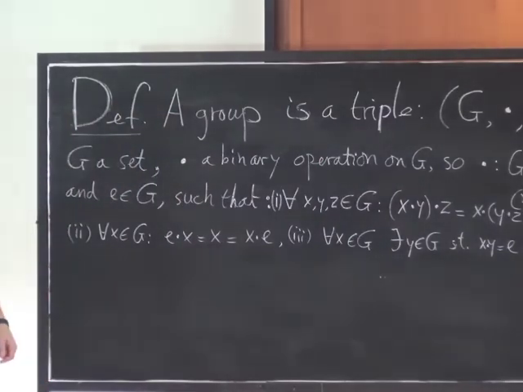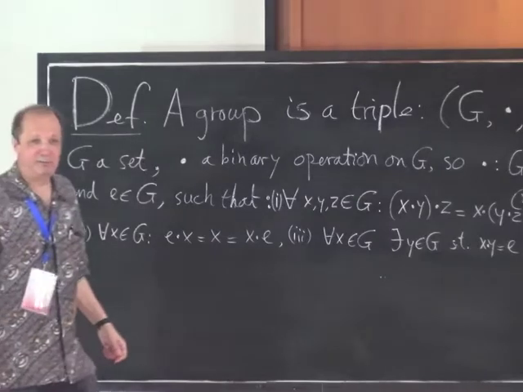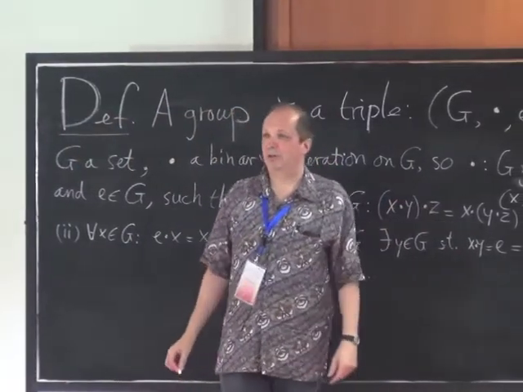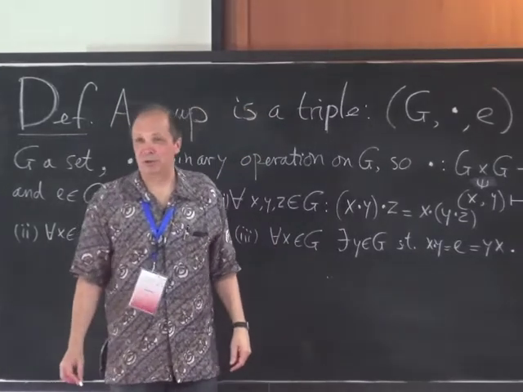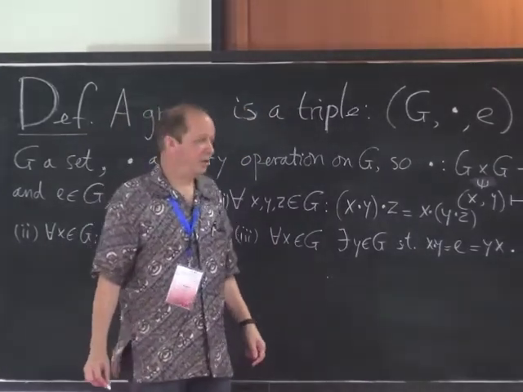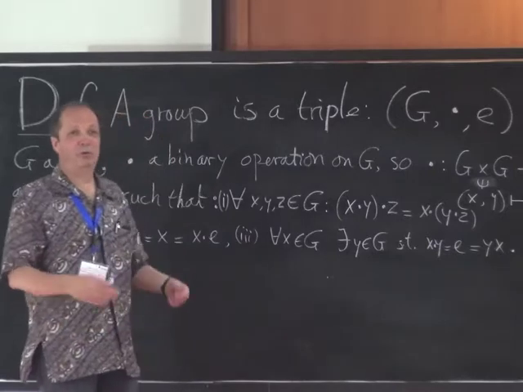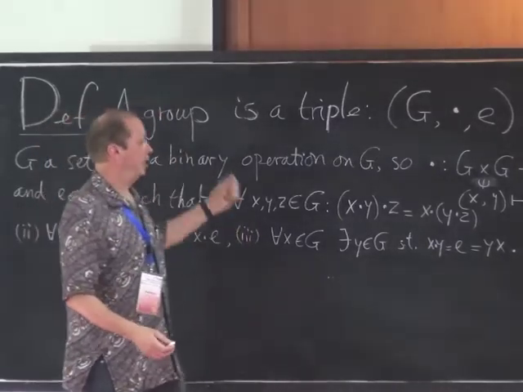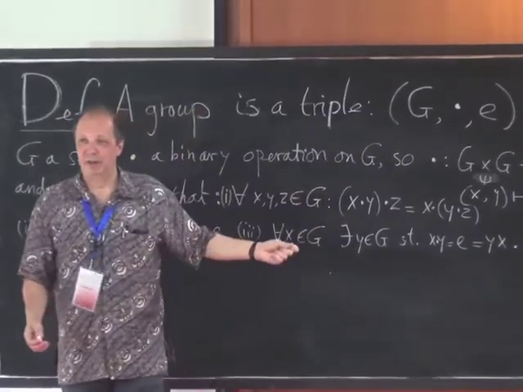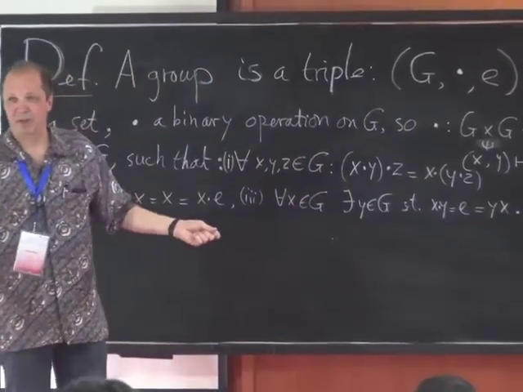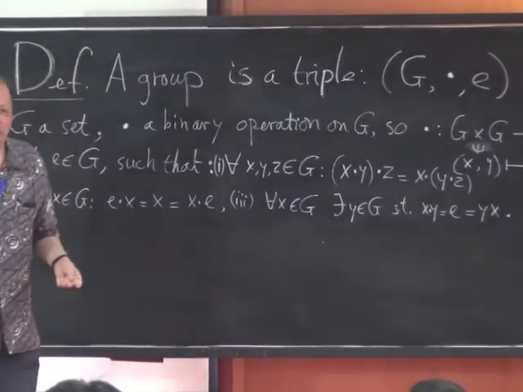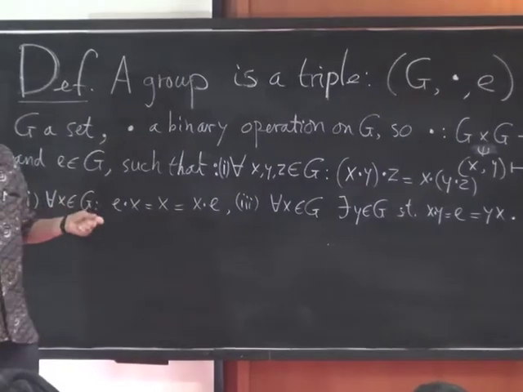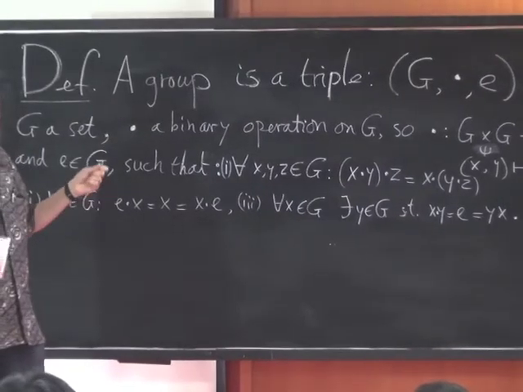And to confuse you, sometimes, or very often in fact, this dot is not at all a dot. Sometimes we use other notation. In the case when the group is commutative, if for every x and y in the group, x times y is y times x, then we call the group commutative. And in that situation, it often arises that the group operation is written with a plus.